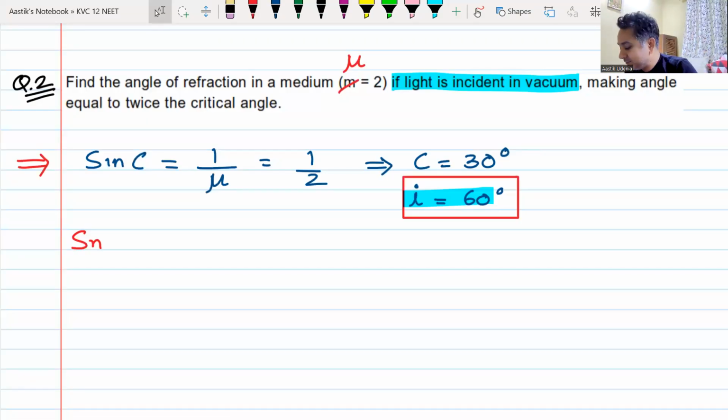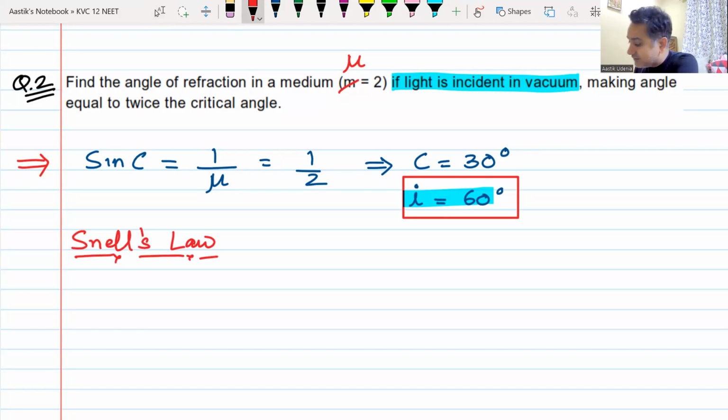Yes, I was writing Snell's law. So I again apply the same gentleman Snell's law here. How do I apply it? The light is in the rarer medium.